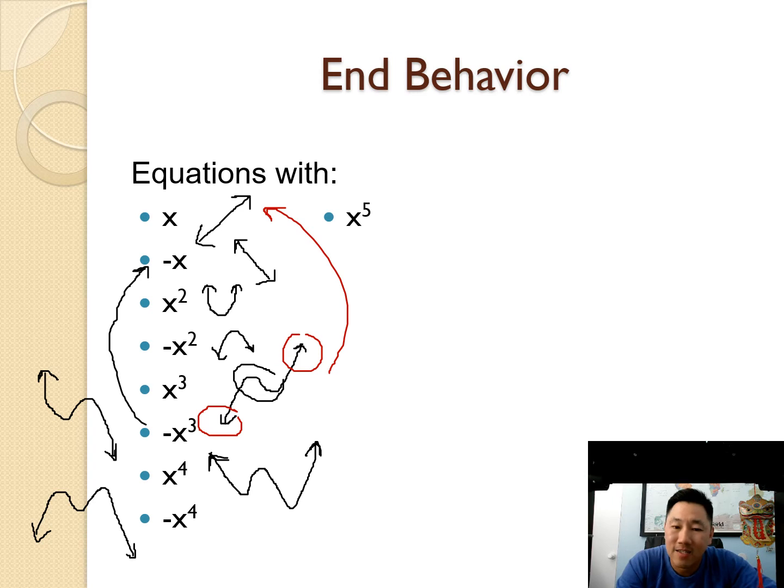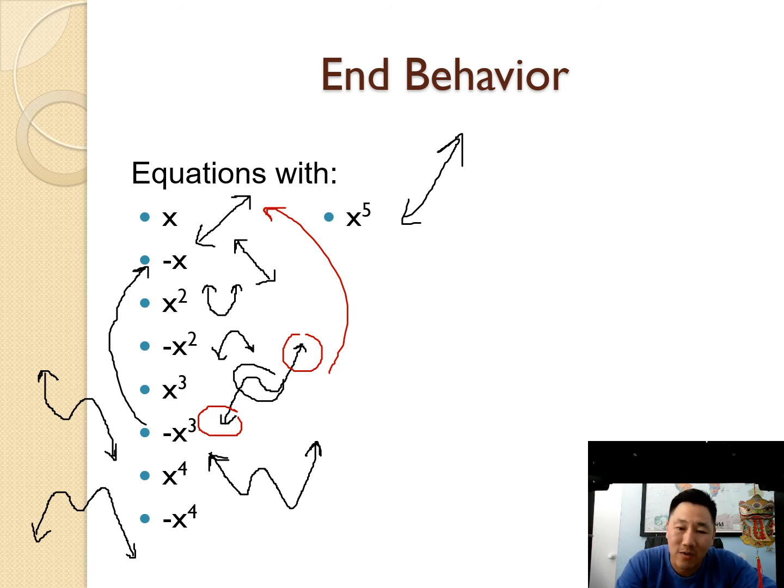Like x to the 5th. You have to first think, what does it look like in general? X to the 5th in general should look like this. Left side down, right side up.